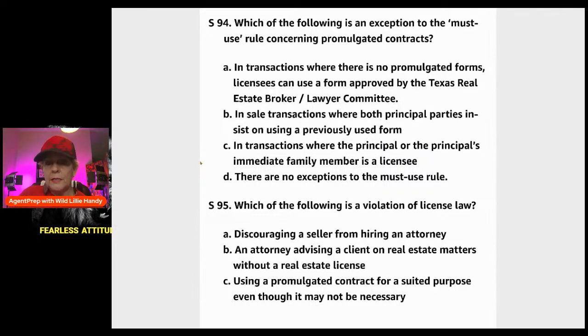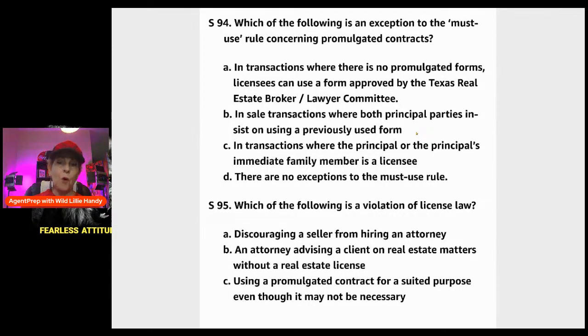Now, let's look at B, in sales transactions where both principal parties insist on using a previously used form. No. When a form is updated, we must use the new form. And I know for a reason, because sometimes contracts get updated, right?